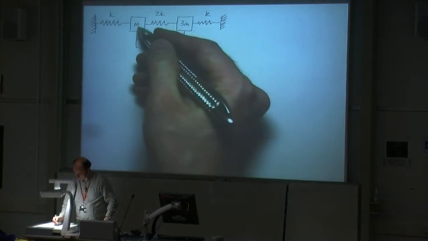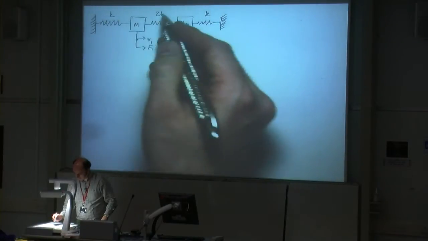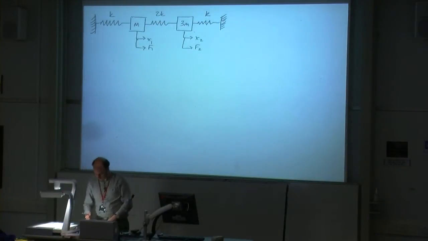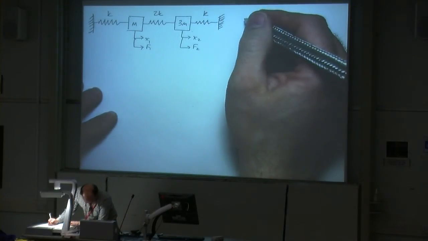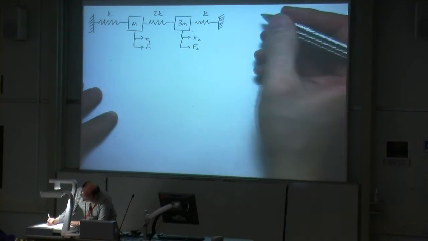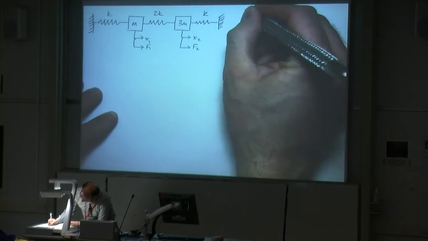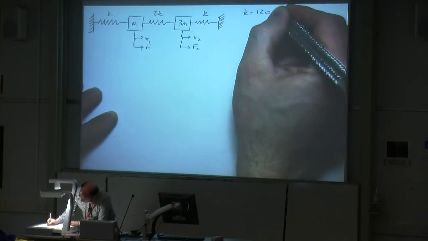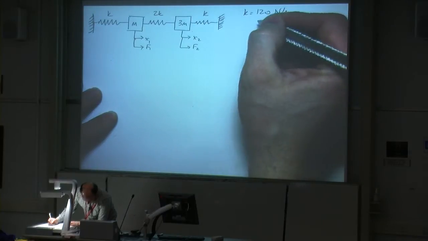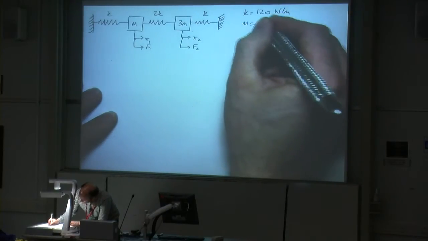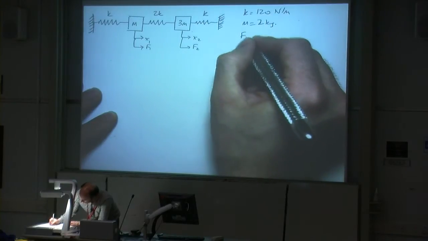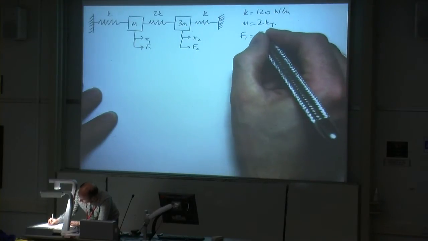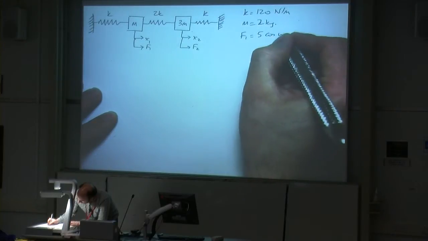We've got a mass of m, mass of 3m. We've got k, 2k, and k. And in the question I've given you some values, and I've let you off working out the first 3 steps. Okay, so k in this case is 120 newtons per meter. m is 2 kilograms. F1, we'll call that 5 cosine omega t.